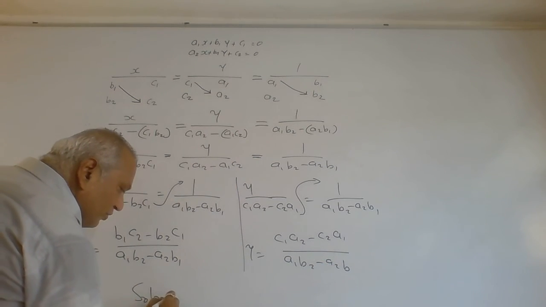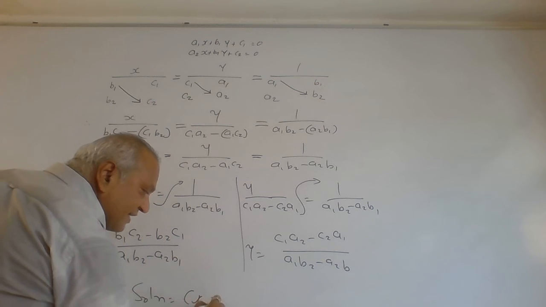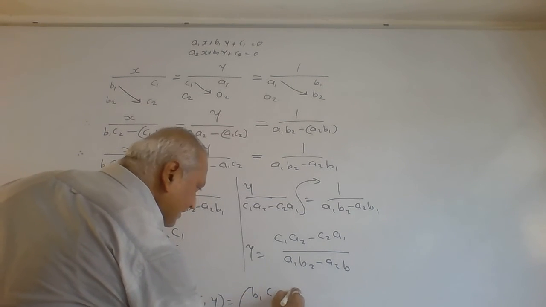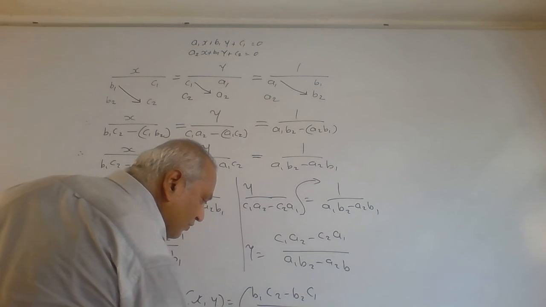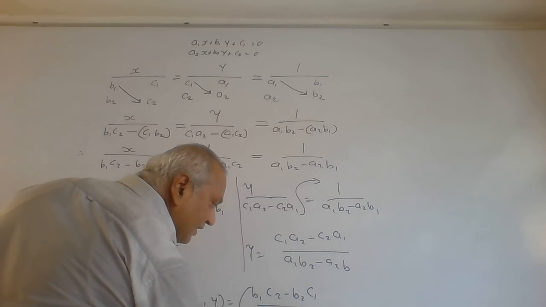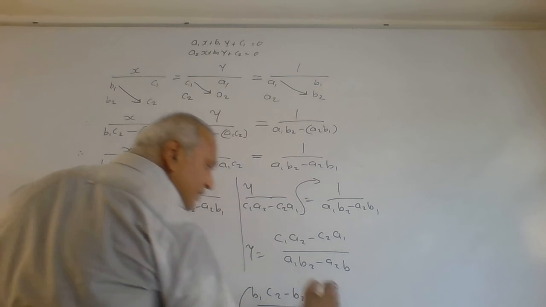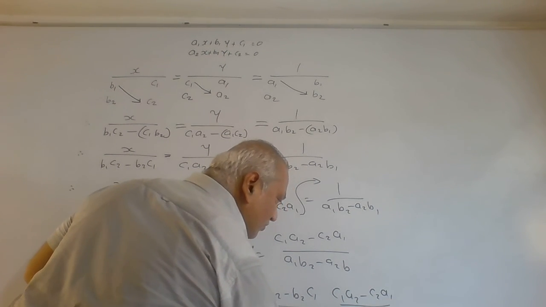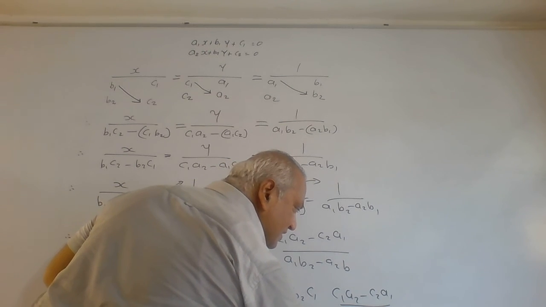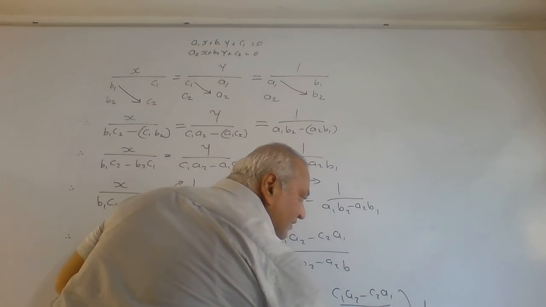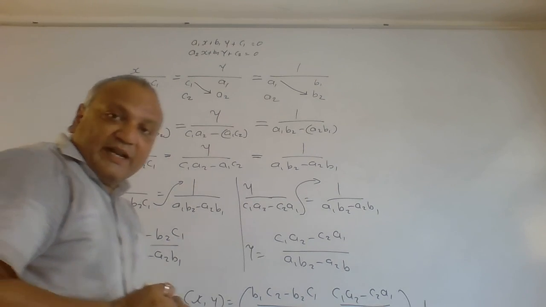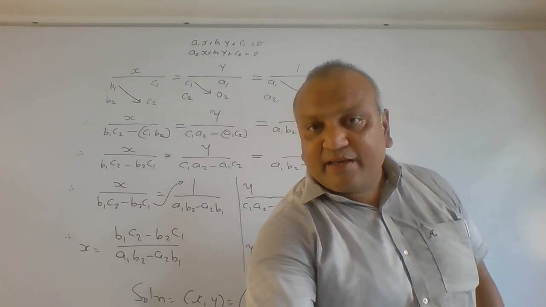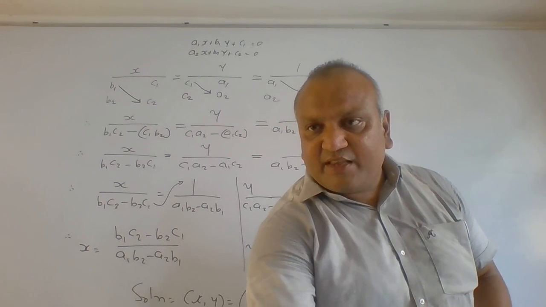Hence, the solution x, y is equal to b1 c2 minus b2 c1 upon a1 b2 minus a2 b1, comma, c1 a2 minus c2 a1 upon a1 b2 minus a2 b1. It is our answer. I hope that everybody understood it, isn't it? So keep practicing. I am coming back within a short time with the second question.